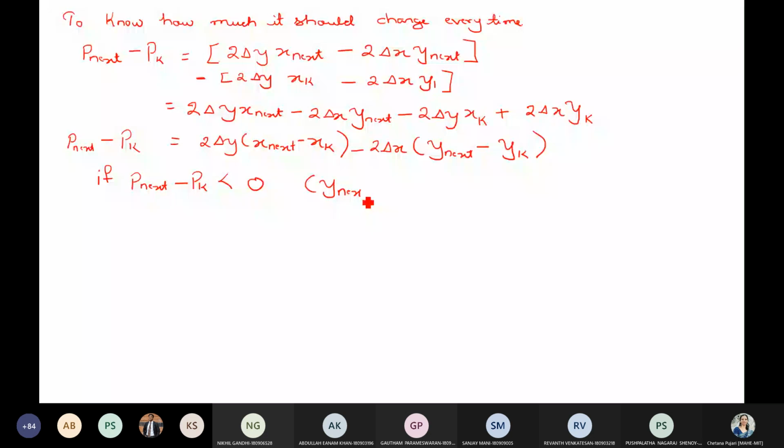Because it is less than 0. So in this condition, when your y next is equal to yk, what will be your p next value? We'll be using this equation. P next is equal to pk, I'll take it to the right hand side.